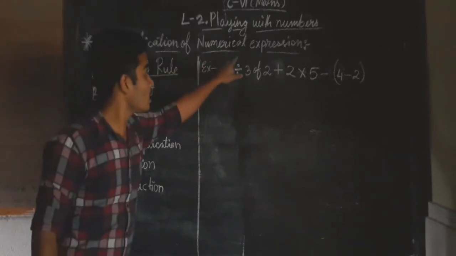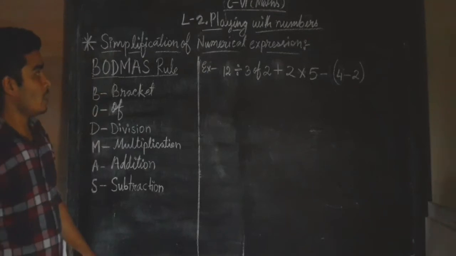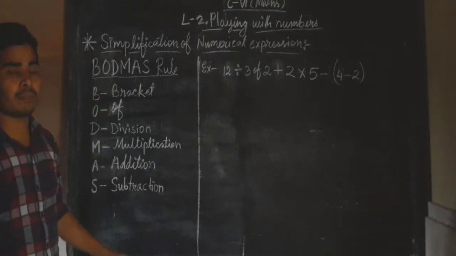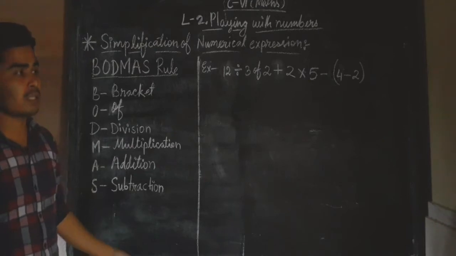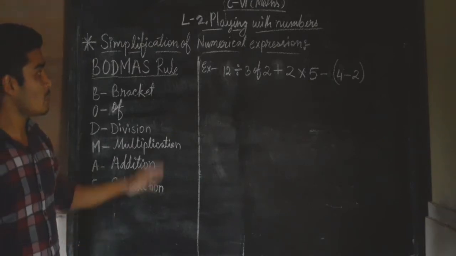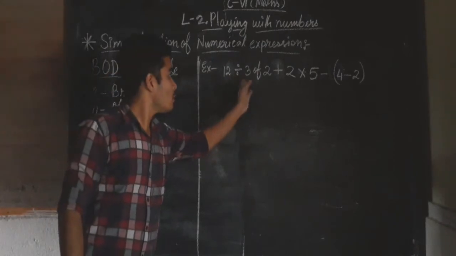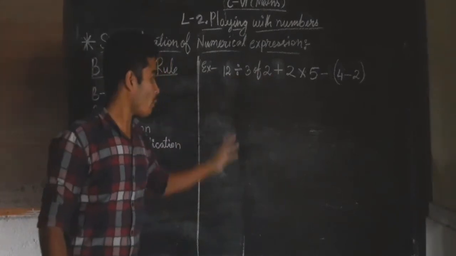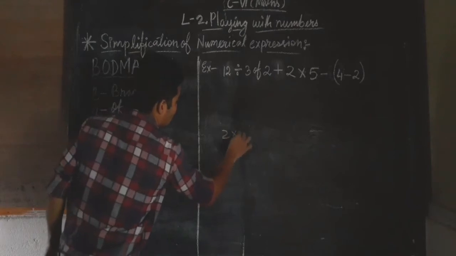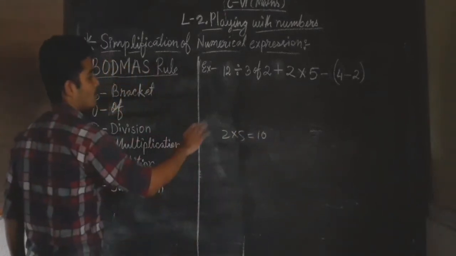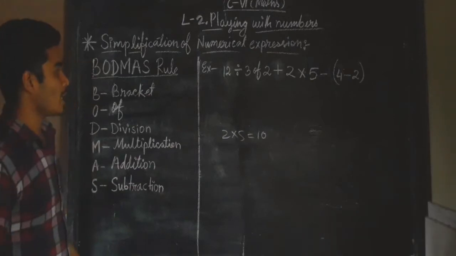Simplification of numerical expressions. Simplification of a numerical expression is not as easy as simple addition, subtraction, multiplication and division, because here we use two or more fundamental operation symbols. If only one symbol is there, 2 into 5, then we can say 2 fives are 10. It is a very simple calculation.